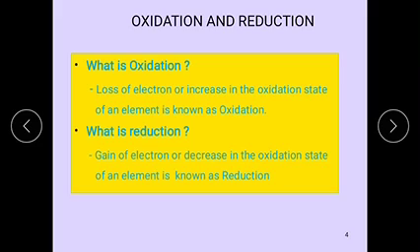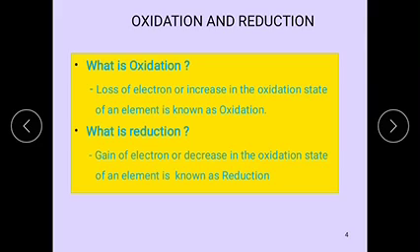The process of gaining electrons by an atom or molecule or ion is called reduction, or the process of removal of oxygen from an atom or ion or molecule is called reduction, or the process of addition of hydrogen to an atom or molecule or ion is called reduction. One more main concept is that the process of decrease in oxidation state of an element is known as reduction.